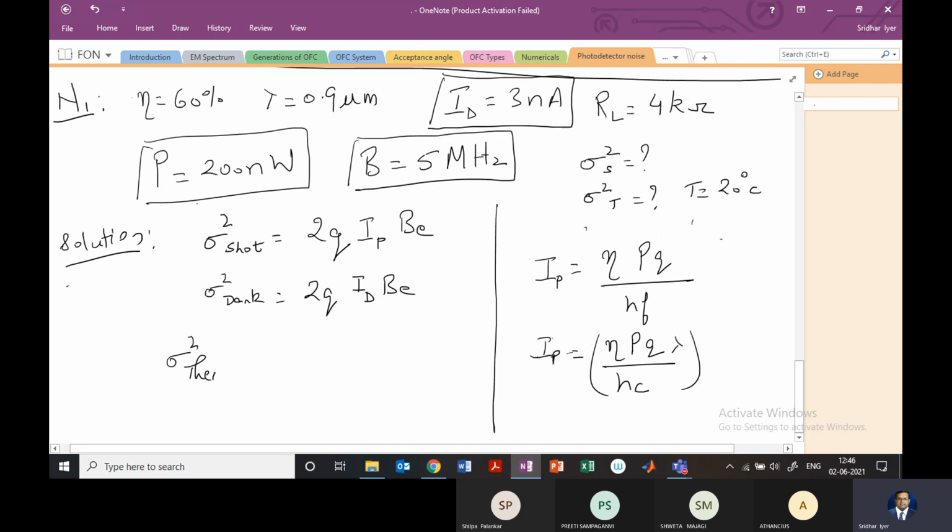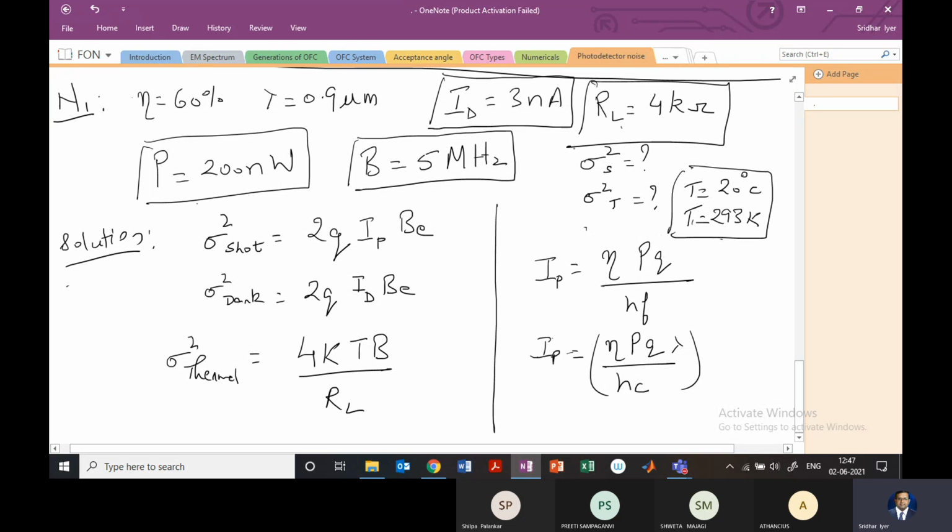Regarding thermal noise, the equation is 4kTB by RL. So here everything is given to us. k is a constant, Boltzmann constant. T is the temperature, and it is 20 degree centigrade, but this needs to be in Kelvin, right? So that temperature in Kelvin will be approximately 293 Kelvin. B is given to us 5 megahertz, and we are also given the load resistance RL, so 4 kilo ohm.